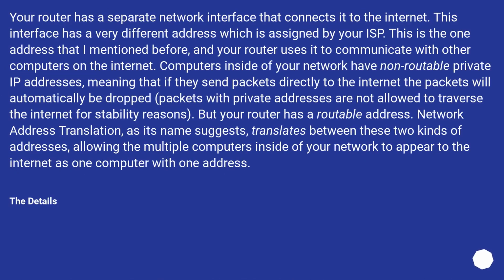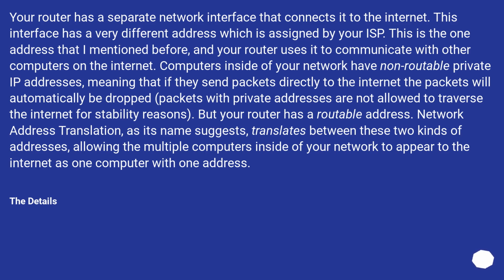Your router has a separate network interface that connects it to the internet. This interface has a very different address which is assigned by your ISP. This is the one address that I mentioned before, and your router uses it to communicate with other computers on the internet. Computers inside of your network have non-routable private IP addresses, meaning that if they send packets directly to the internet, the packets will automatically be dropped.